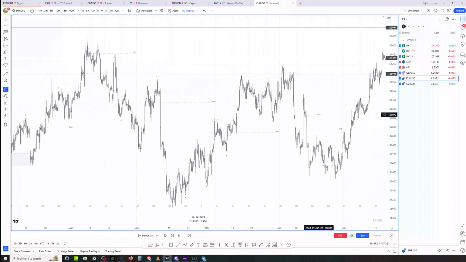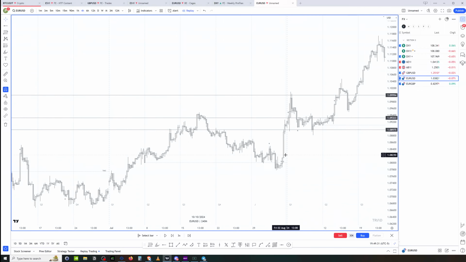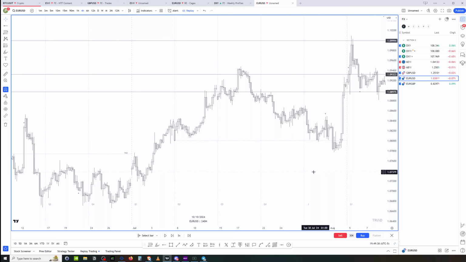Only to come all the way back up and take it out and then have this reaction. So I traded this non-farm payroll up to here because of the same logic. The double sequential SMT isn't there, but I'll show you the logic, right?